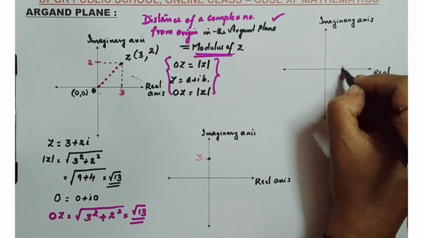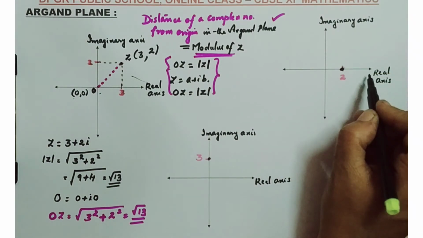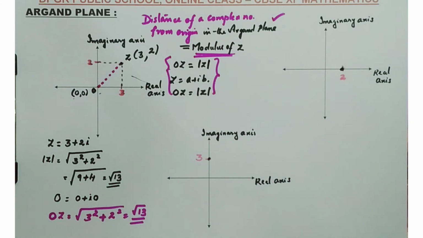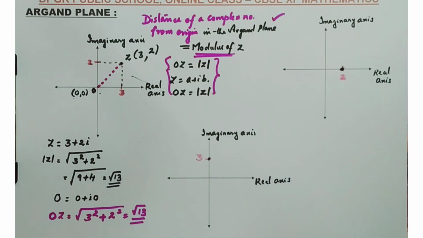But consider some points on the real axis and imaginary axis. Consider a point 2 on the real axis. If the point is on the real axis, you know that the imaginary value is 0. As per the Cartesian plane, any point on the x-axis has its y-coordinate 0.